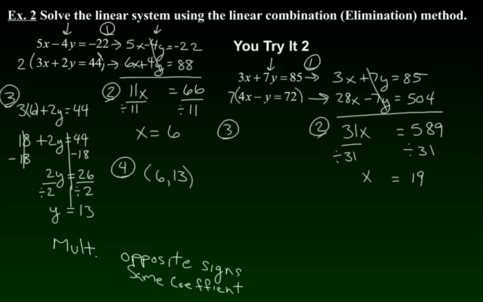We're going to take that 19 and plug it in. Let's just go with the top one. 3 times 19 plus 7y equals 85. Remember that it doesn't really matter which equation you plug it into. I just tend to try to make the numbers smaller when I work. So 3 times 19 is 57.